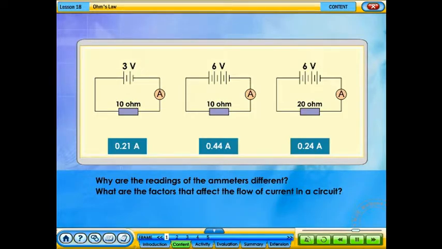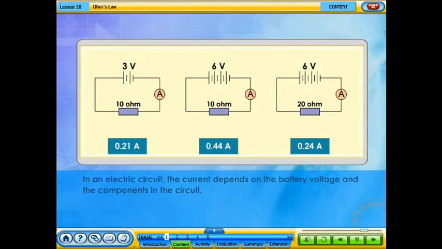What are the factors that affect the flow of current in a circuit? In an electric circuit, the current depends on the battery voltage and the components in the circuit.